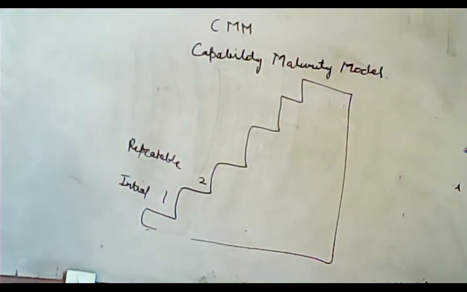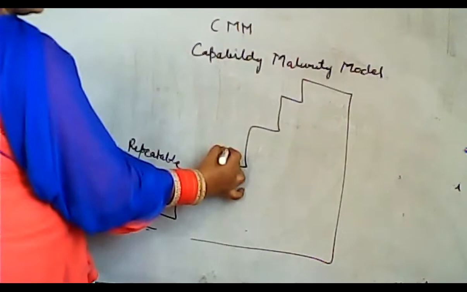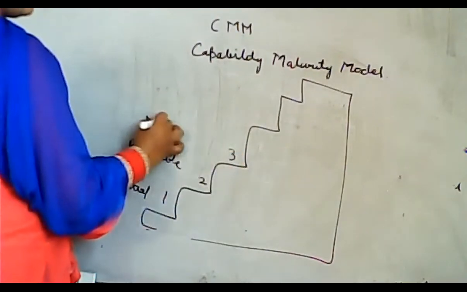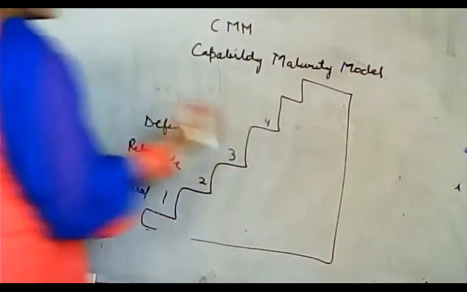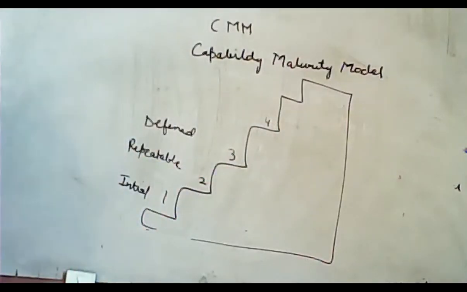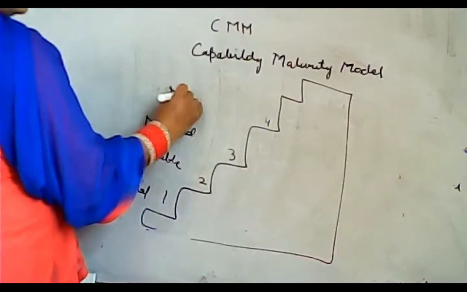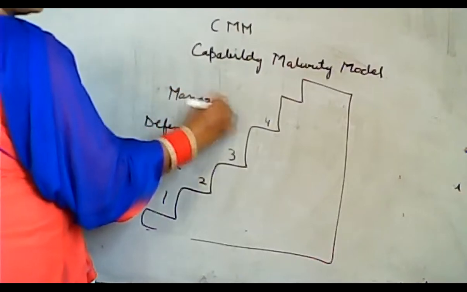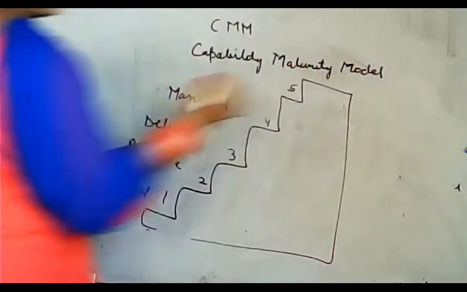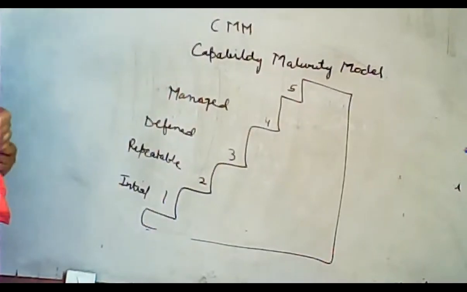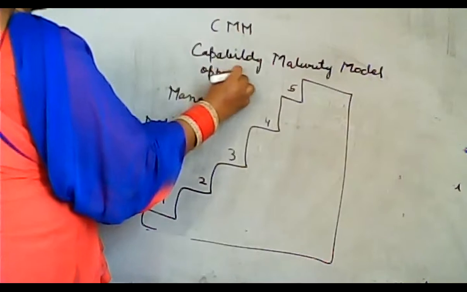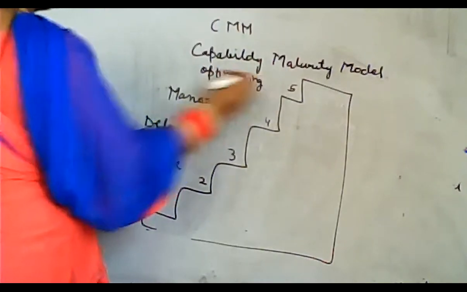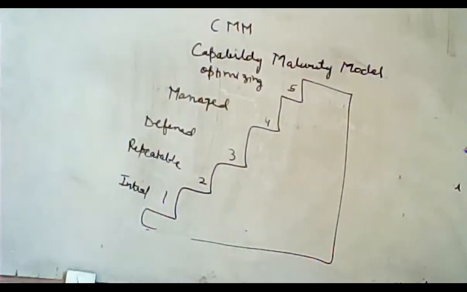Number three level is called defined. Fourth is called managed. And fifth is called optimizing. So these are the maturity levels.